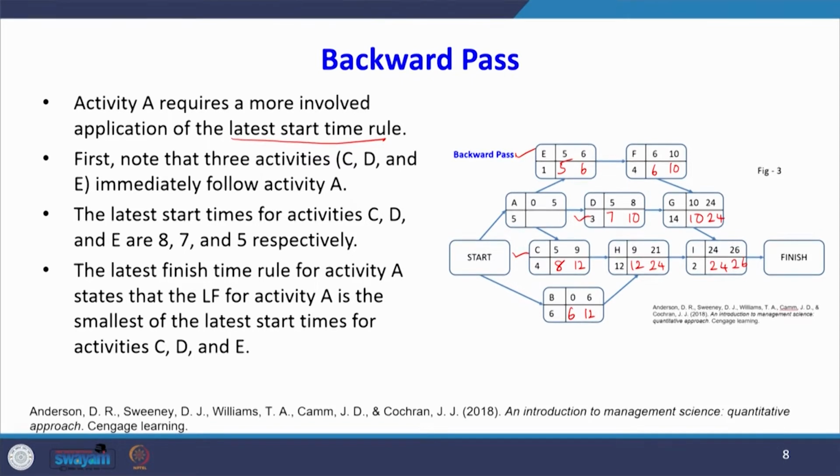So, the latest finish time rule for activity A states that the latest finish time for activity A is the smallest of the latest start times for activities C, D, E. What is the smallest among 5, 7, 8? 5 is smallest, so I am writing 5. So, 5 minus 5, it is 0.